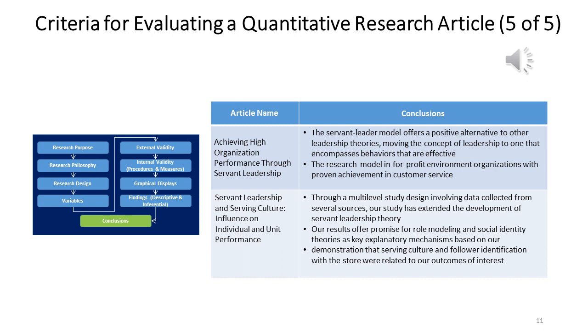The Achieving High Organization Performance through Servant Leadership article was positing that there was an opportunity for extrapolating the results of the three top dealerships that were service industry into other areas, including full profit and service. Whilst the Servant Leadership and Serving Culture Influence article was really around the extension of the work for servant leadership theory.